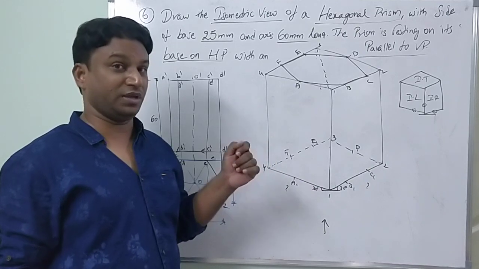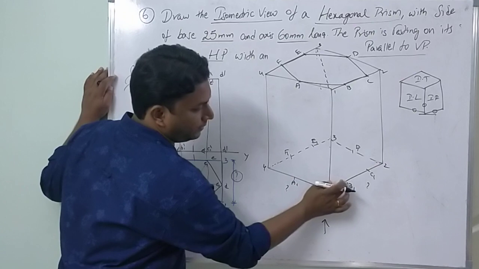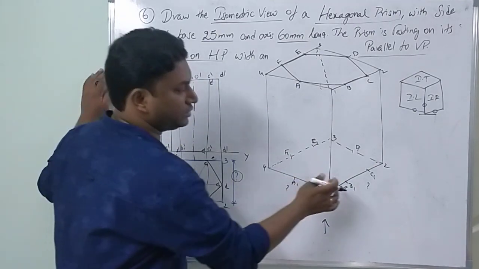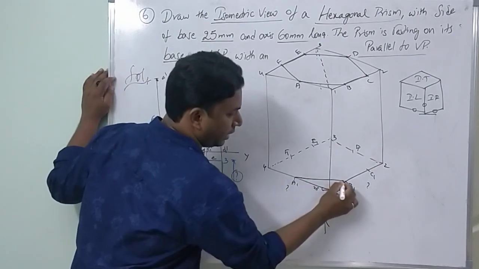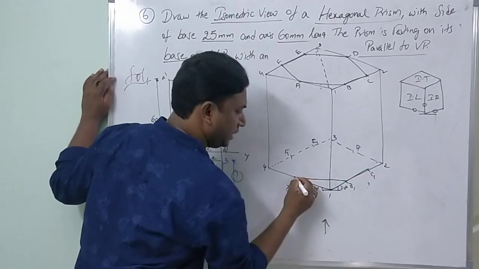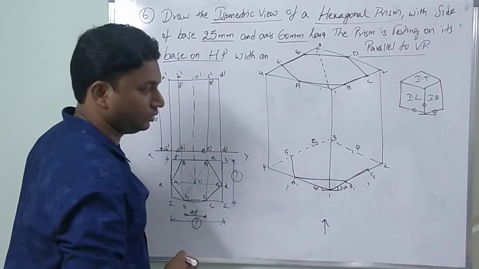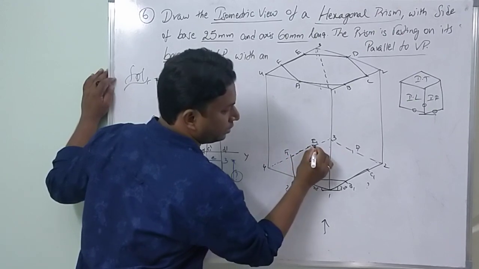which sides of the hexagon are clearly visible? If you observe from here, AB will be clearly visible, AF also will be clearly visible, BC also will be clearly visible. That is nothing but AB, BC, AF. Now the remaining are all hidden.